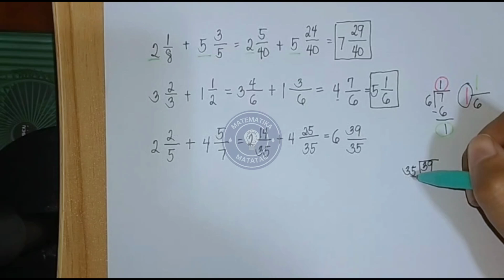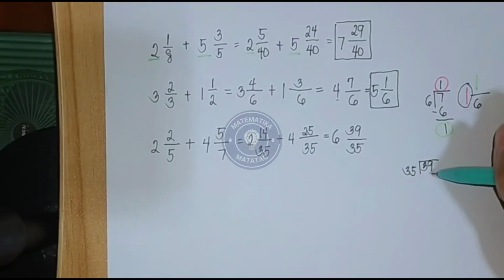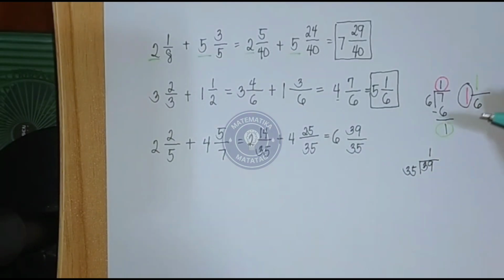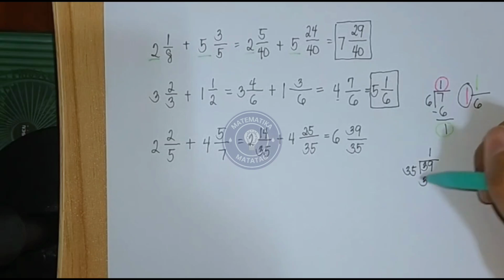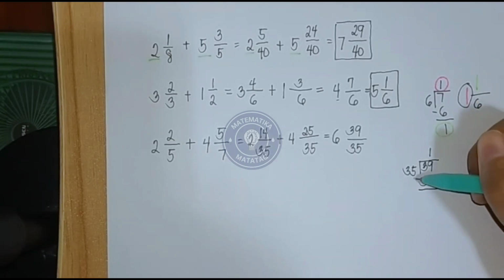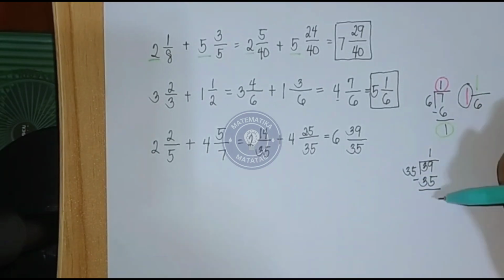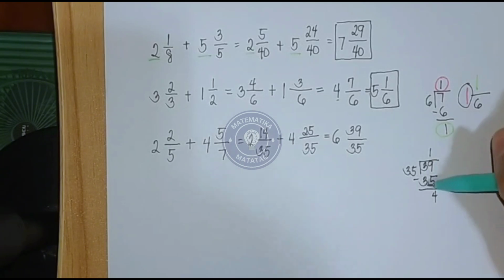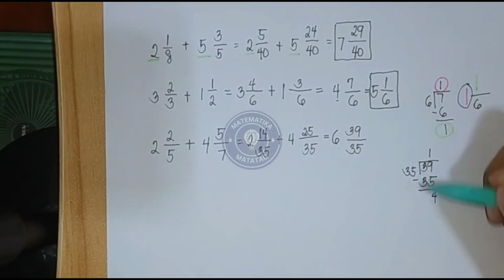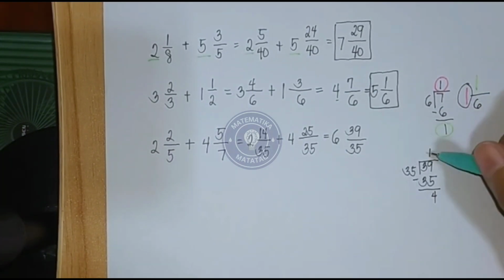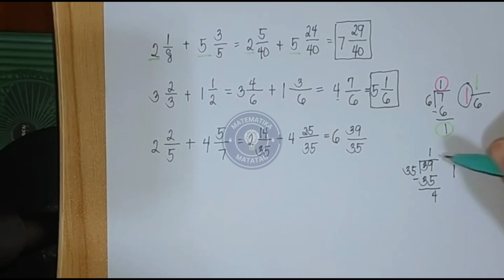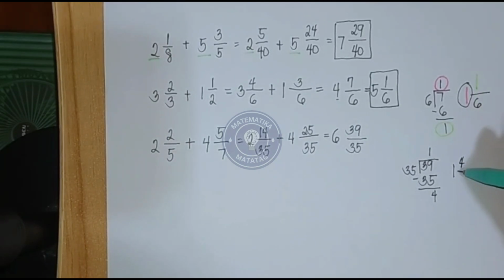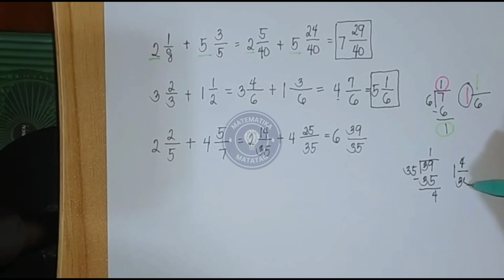So how many 35s do we have in 39? We only have 1. 1 times 35 is 35. And then subtract. 9 minus 5 is 4, and then 0. So let's rewrite this into a fraction. Our whole number is your quotient, and the remainder will be your numerator, and then just copy the denominator.